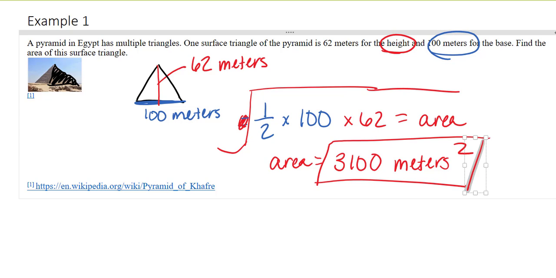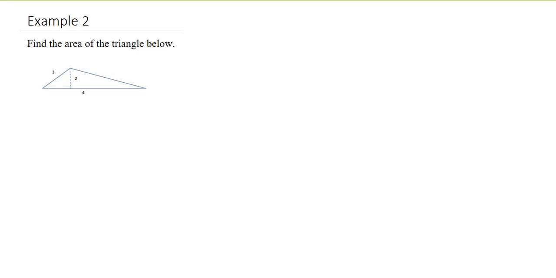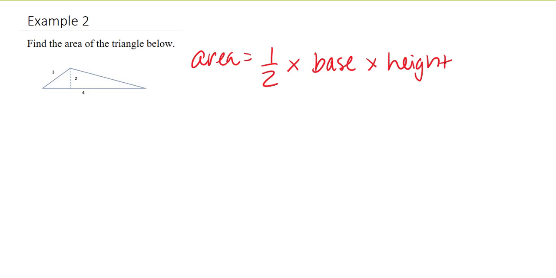Now let's do another example. Example 2, we're going to find the area of the triangle below. So we see it's kind of an unusual triangle, but it still has the same formula, right? So area equals 1/2 times the base times the height. So how do we solve for this? Well, let's just go fill it in. So we have our base of 4.